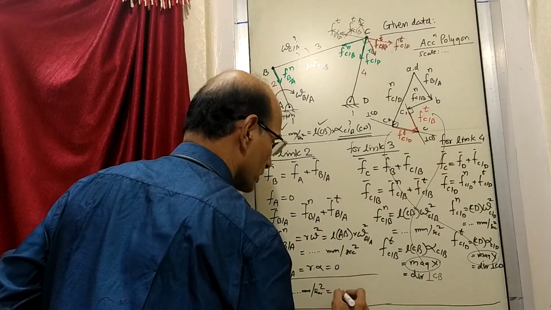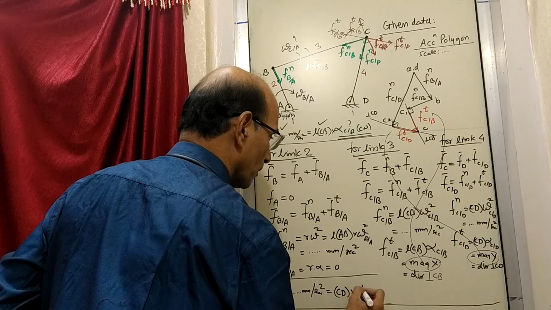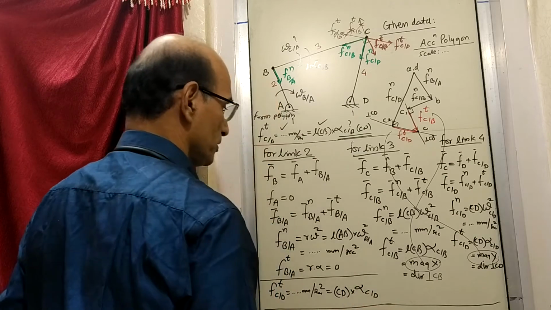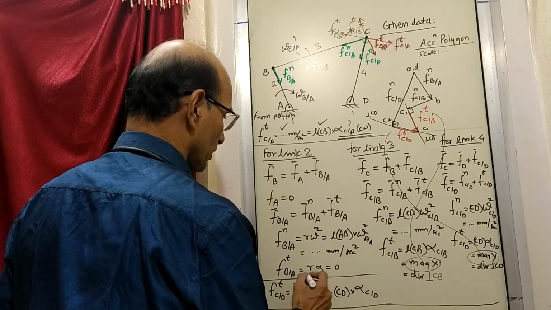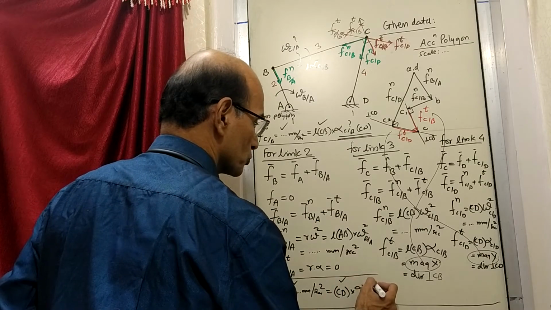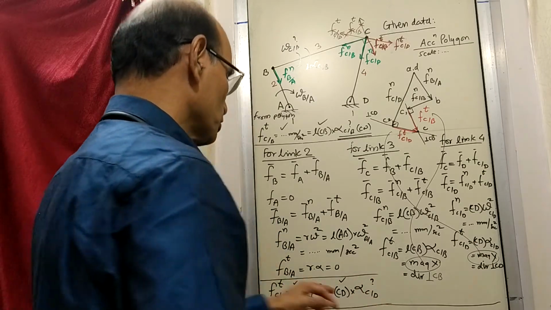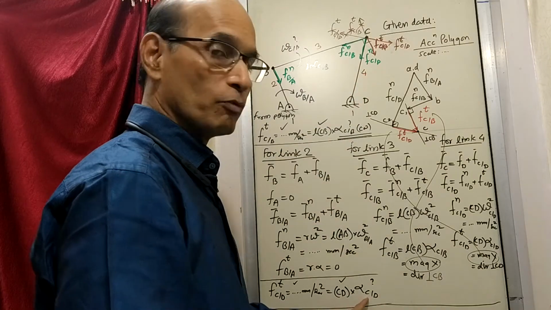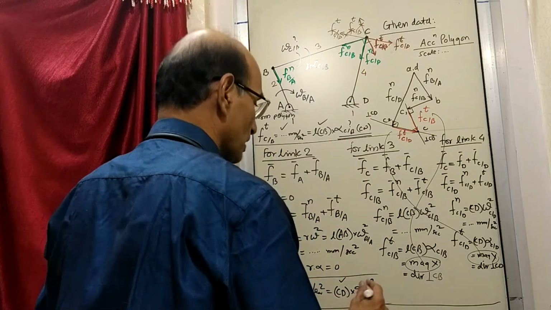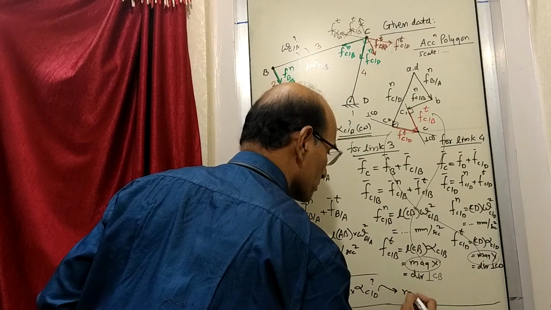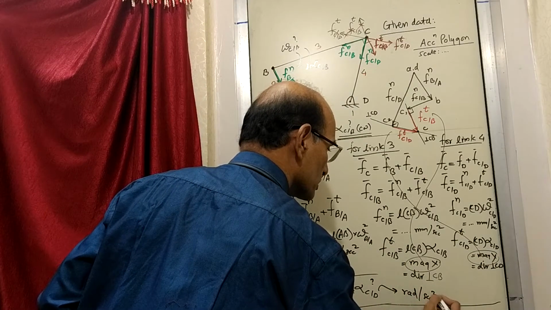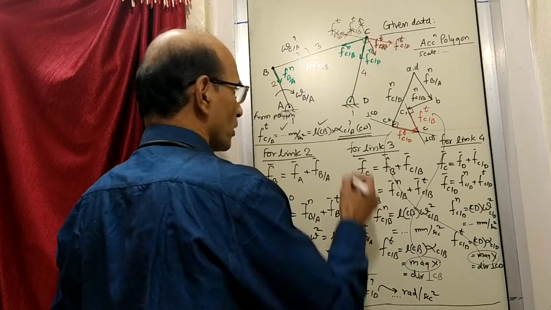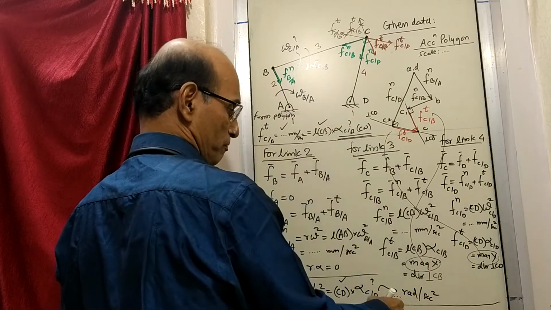It is equal to length cd multiplied by alpha of c with respect to d. So again, final answer is known, length is known. So what is the angular acceleration of c with respect to d? This you will come to know its value. So you find it out, and this answer will be in radians per second square. Here also radians per second square answer.